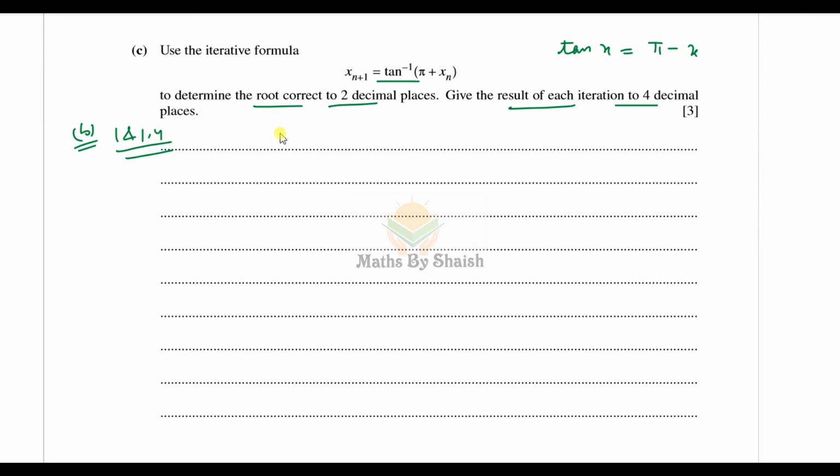I'll take x naught as 1.2, so that we can get x1 from this, and x1 is equal to tan inverse of pi plus 1.2, and we get this from the calculator.